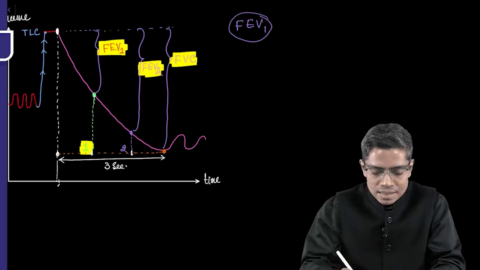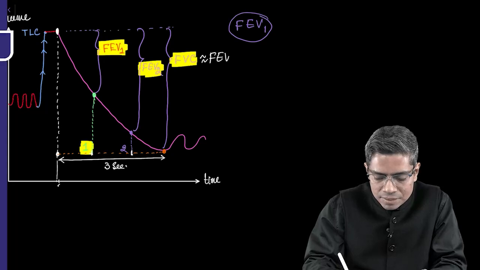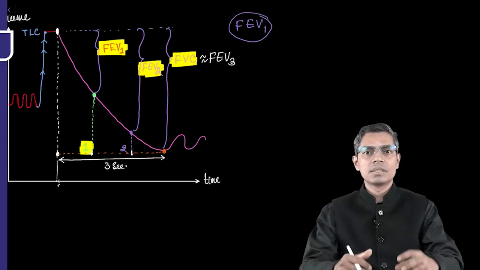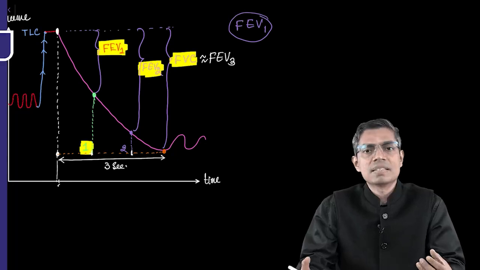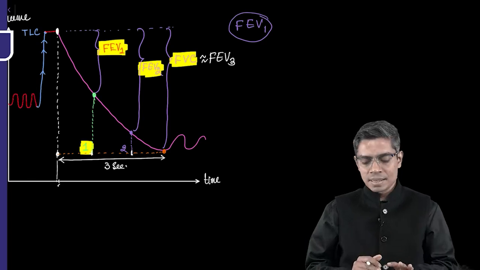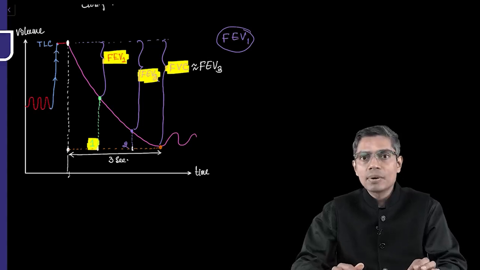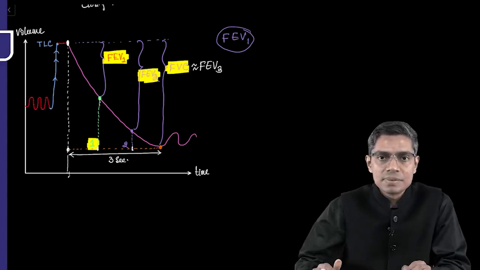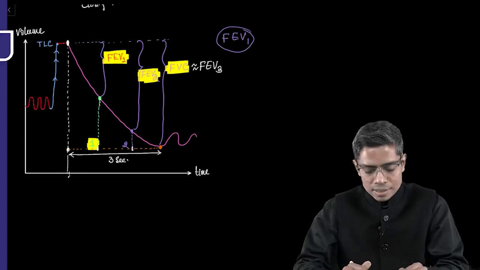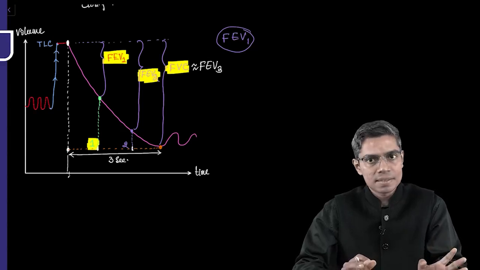And in these cases, this FVC will be almost equal to FEV3, the total volume that the subject has expired within 3 seconds. So note down, if this kind of curve is given in your exam, you have to calculate FEV1, FEV2, FEV3 by dropping a perpendicular and taking the value from the y-axis.